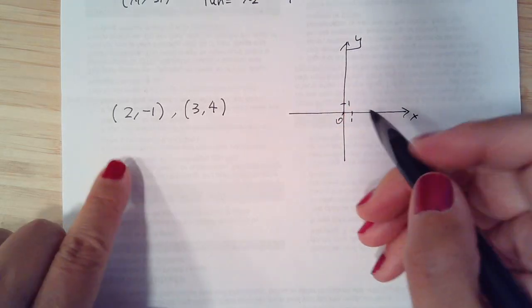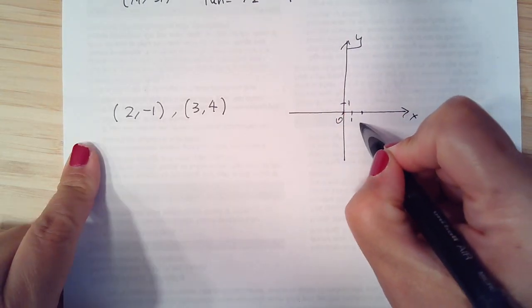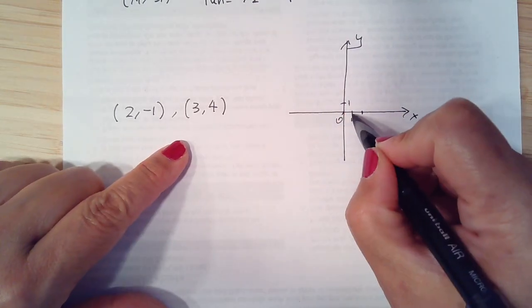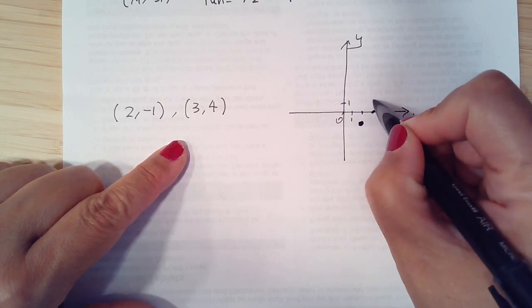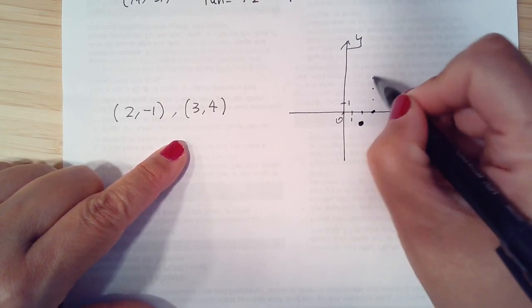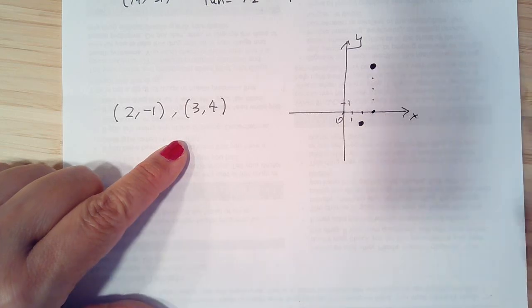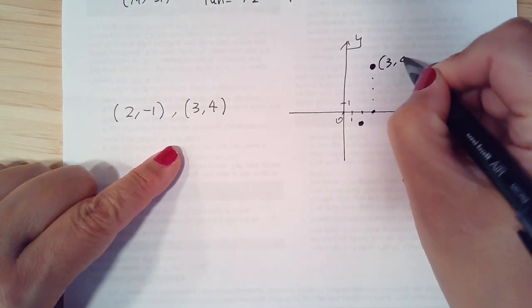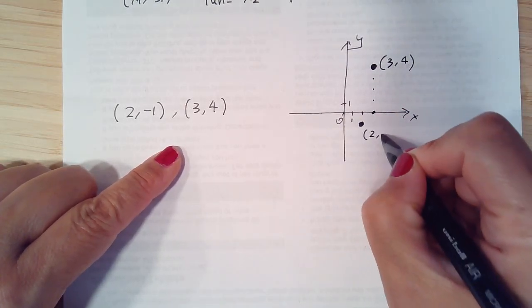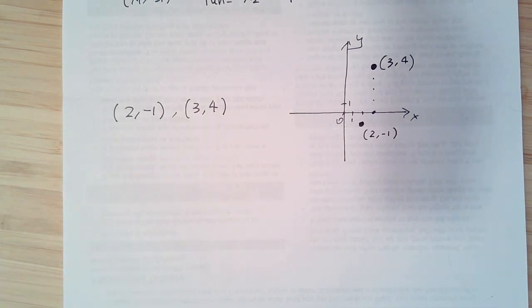Okay, (2, -1), which is right here. (3, 4): 1, 2, 3, and go up by 1, 2, 3, 4. So this is (3, 4), and this is (2, -1). What is the slope? Let me get it.